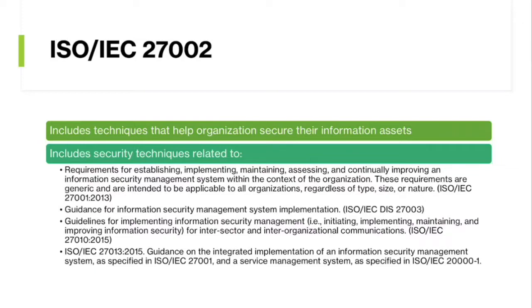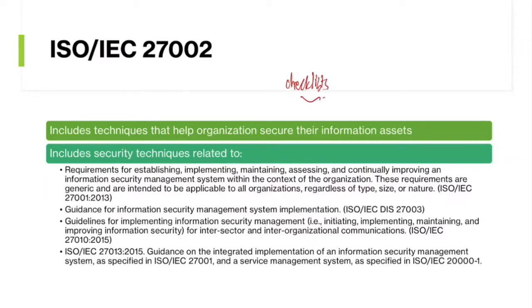That is ISO IEC 27010:2015. And then ISO IEC 27013:2015, guidance on the integrated implementation of an information security management system as specified in 27001, and a service management system as specified in ISO IEC 20000-1.